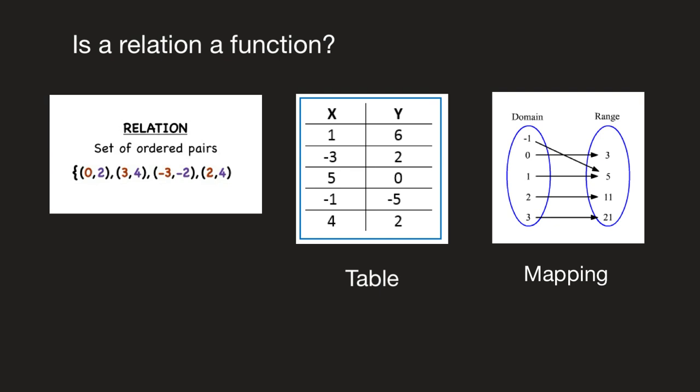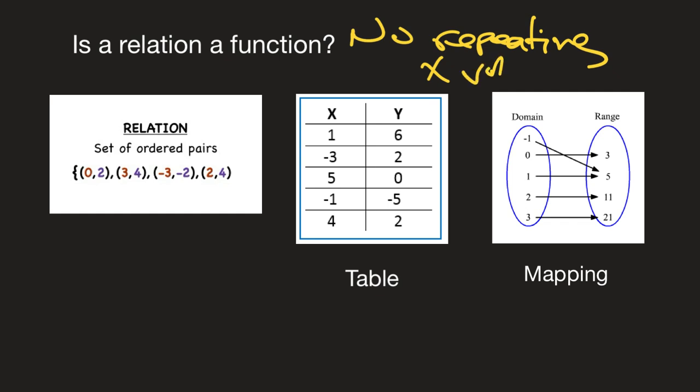Now, here's the deal. In order for a relation to be a function, no repeating X values. That's what you need to know.